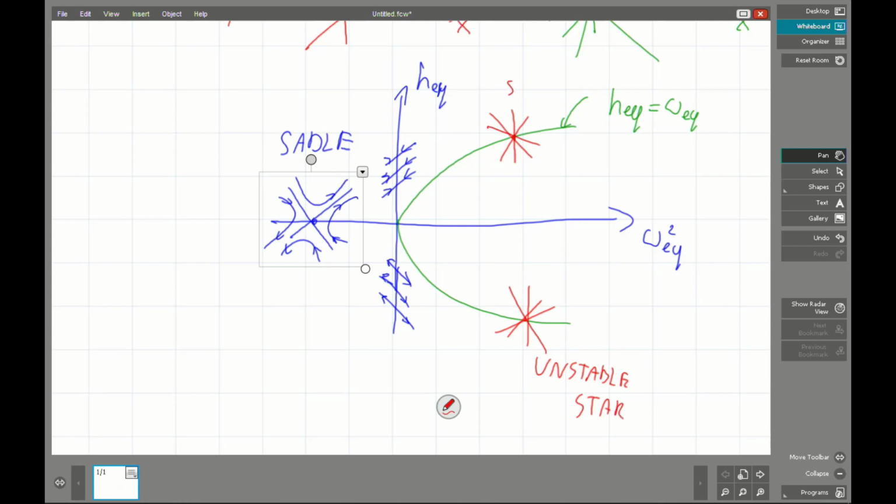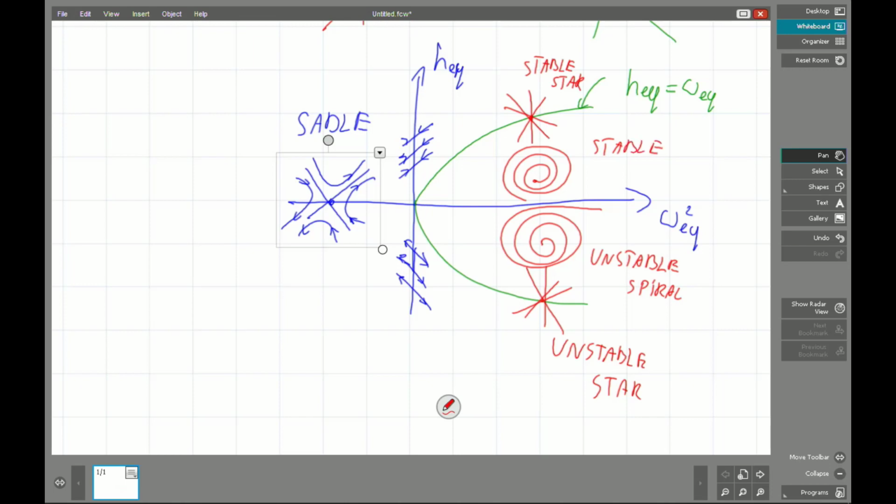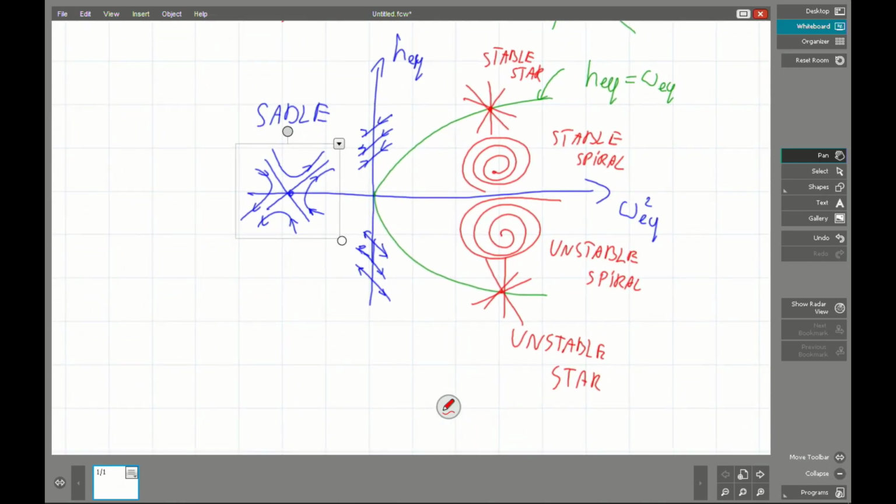Here we have stable star, and here we have the spirals, unstable spiral, stable spiral, and here we have the nodes.